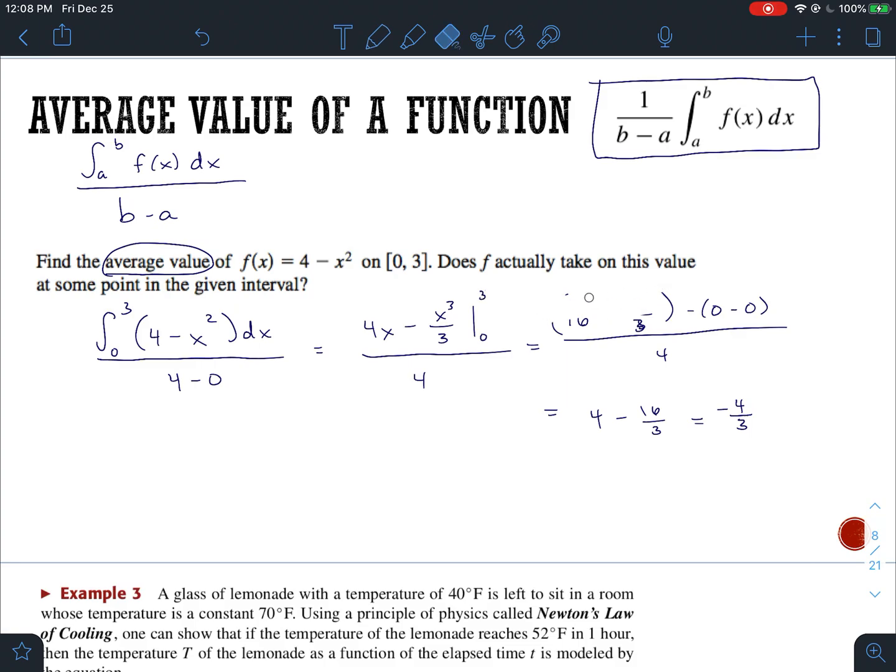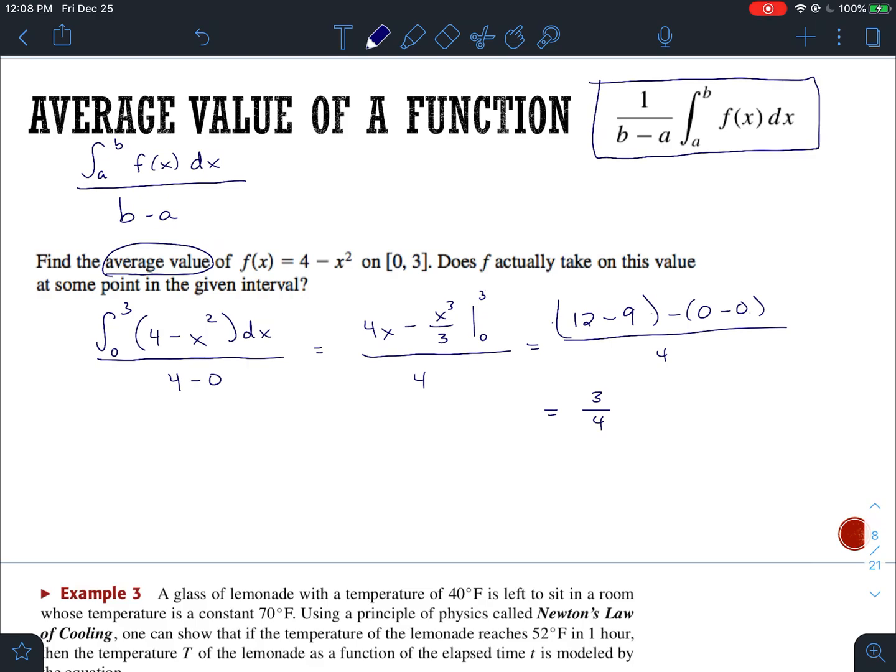And so let's reevaluate those. So this would be 12 minus 9, and then minus 0. So this is going to be positive 3/4. That makes more sense. So the average value of that function between 0 and 3 is 3/4.